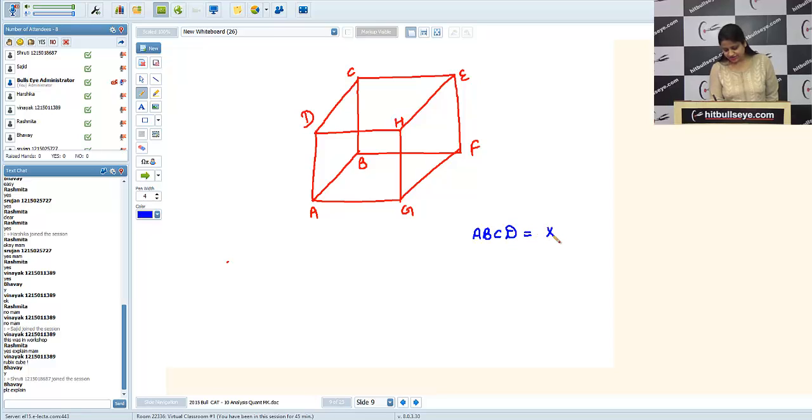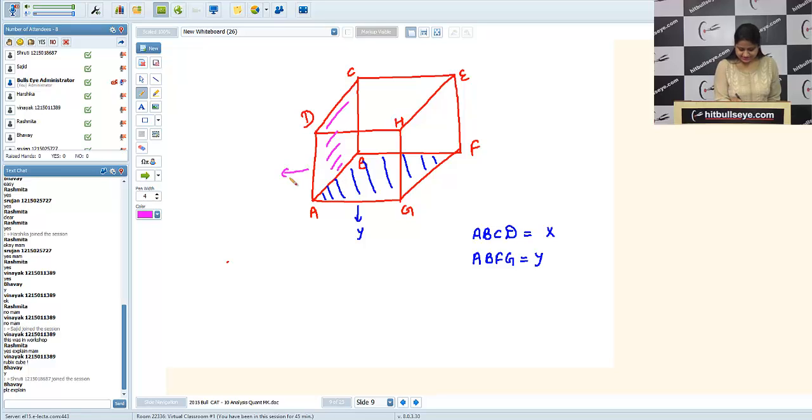Let us suppose X is the natural number that is written on the face A, B, C, D. Now I'm considering A, B, F, G. Let us take this as Y, the base one. And the vertical thing, this is X. And say the front thing, let us take the name A, B, H, D, that is say Z.